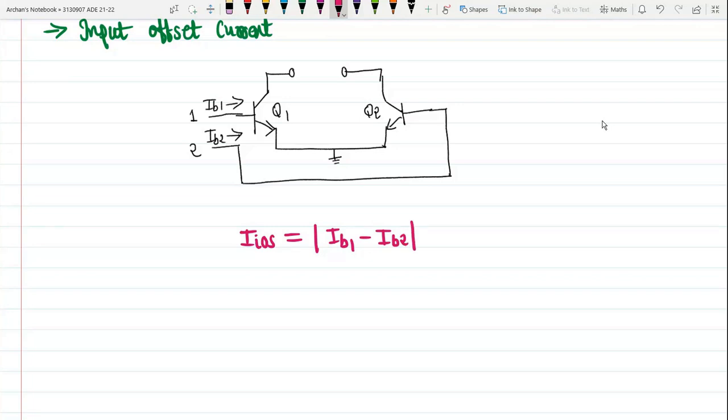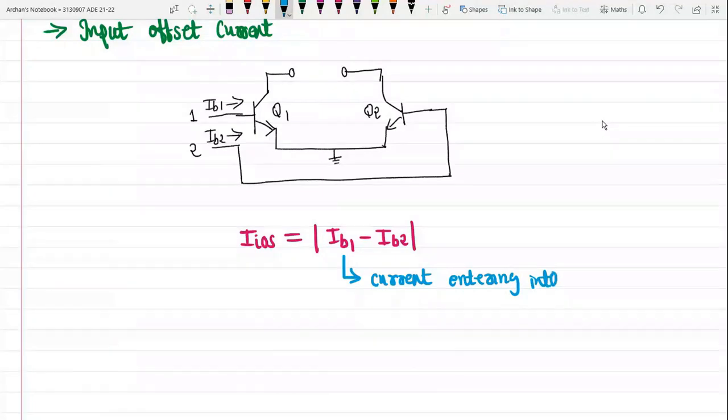Here IB1 represents the current entering into any of the terminals.